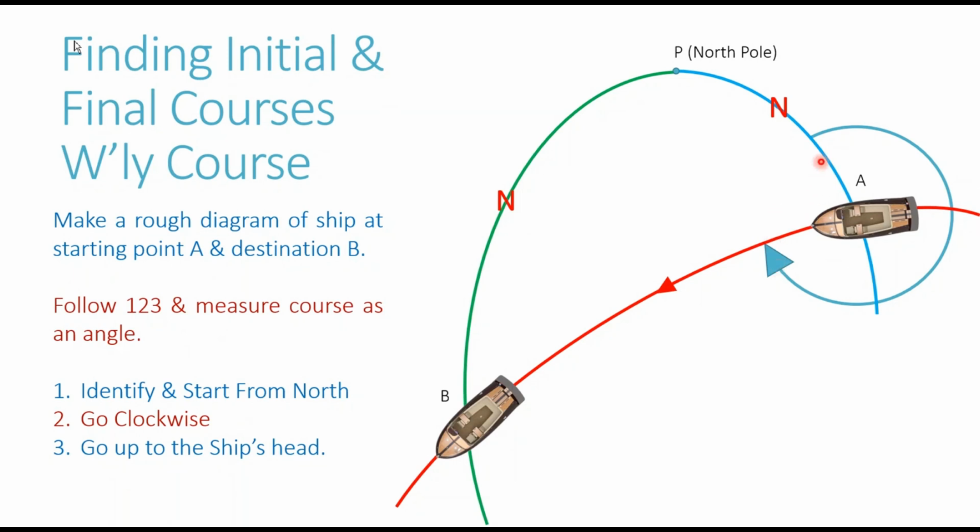Now from the cosine formula, we are able to find out the internal angle of this triangle, that is this angle A. But for the initial course, the angle which we need to find is this complete outer angle. So how do we find this outer angle from here?